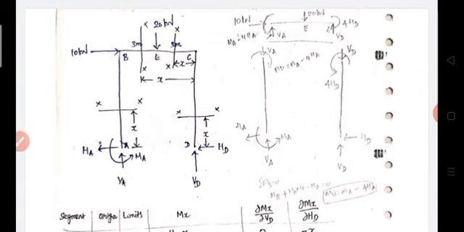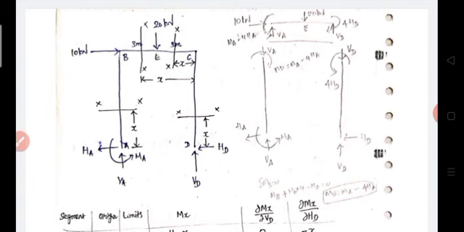Then the moment equation. Let us consider a section XX at x distance from C. The VD reaction creates a sagging moment, VD into x. It is a vertical force, so the perpendicular distance is the horizontal distance x. Then HD is also there.